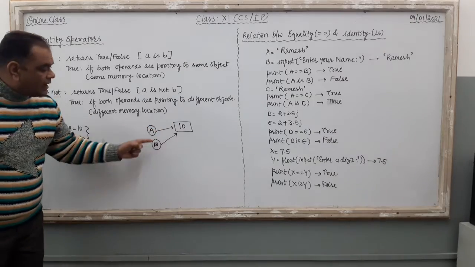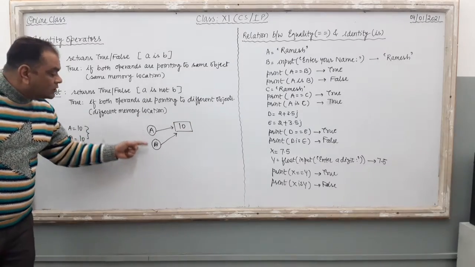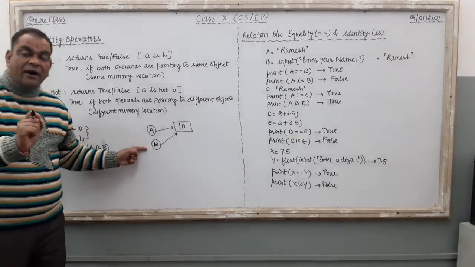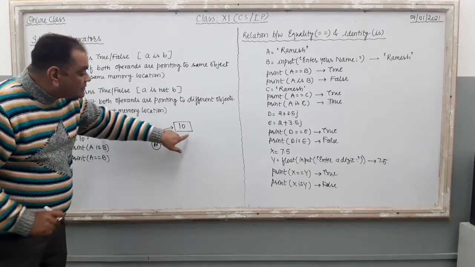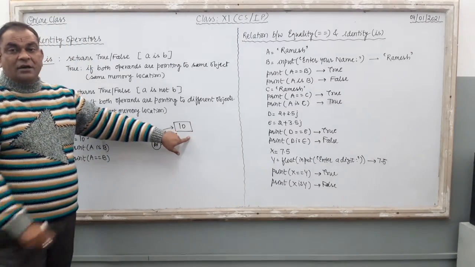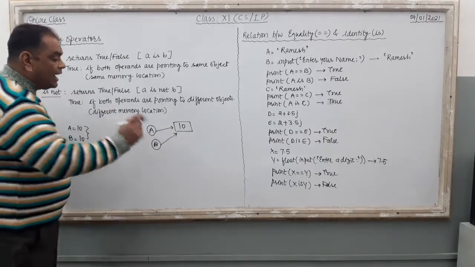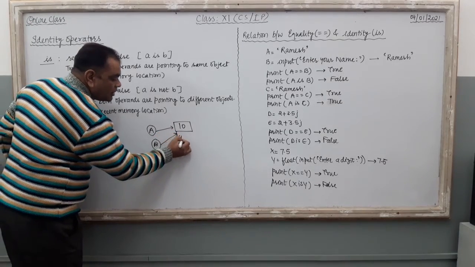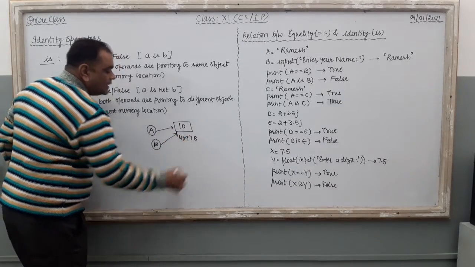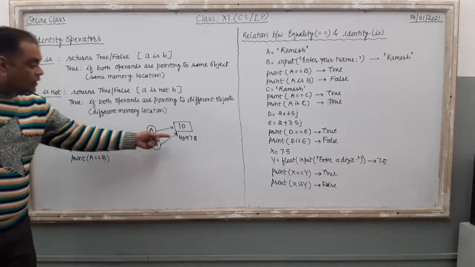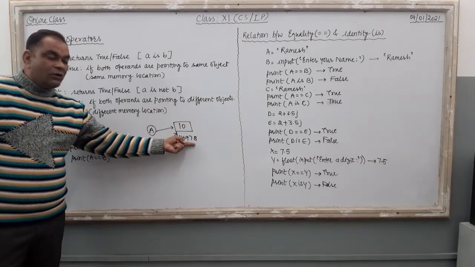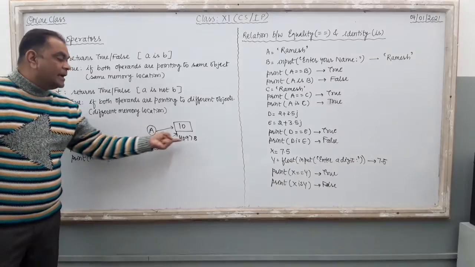A is also 10, B is also 10, and both these variables identify the same memory location. 10 is stored at a memory location. Suppose the location of this one is 40978. So the ID of A is also 40978, and the ID of B is also the same.